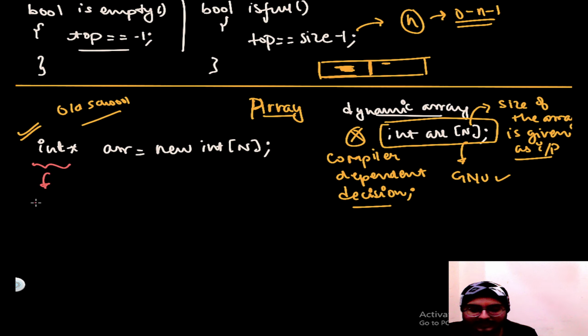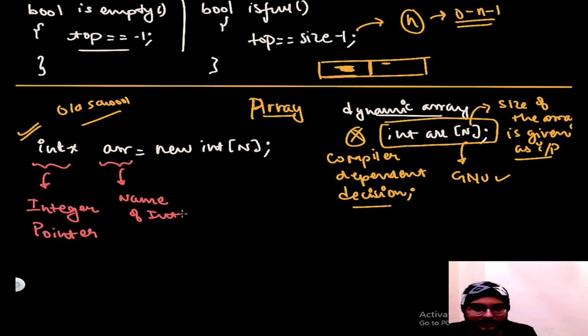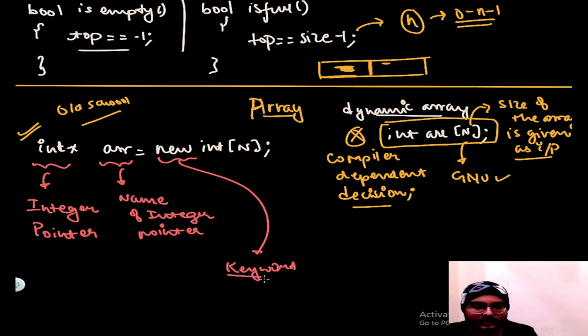This is basically denoting an integer pointer. This is the name of the integer pointer. This is the new keyword, just make notes of this.